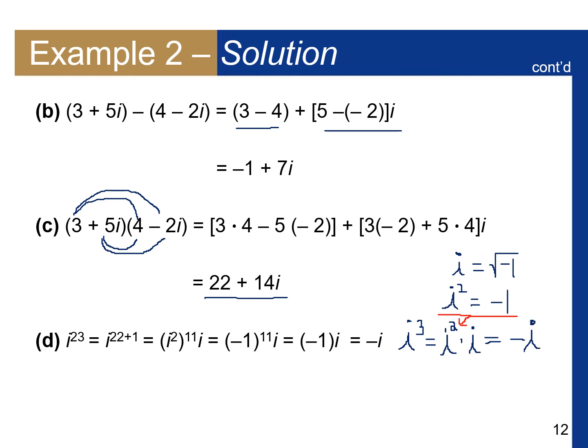So far, I have i squared being equal to -1. I have i cubed equals -i. And finally, I'm going to look at i to the 4th.